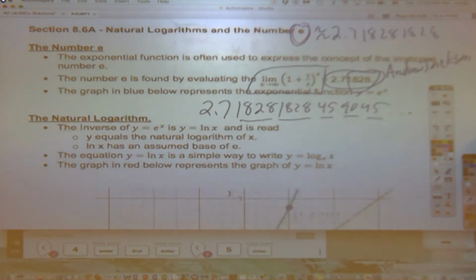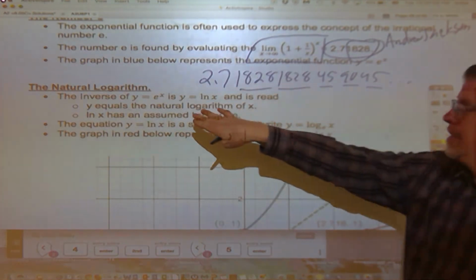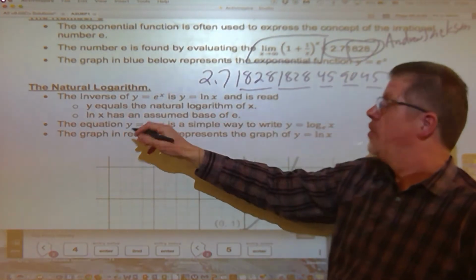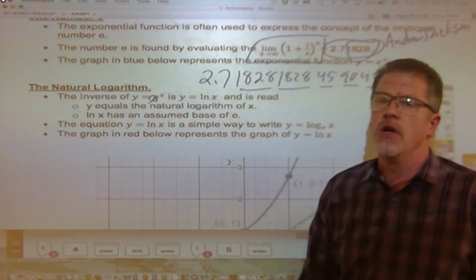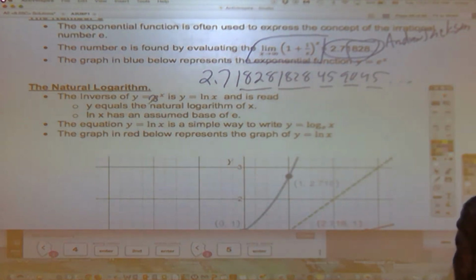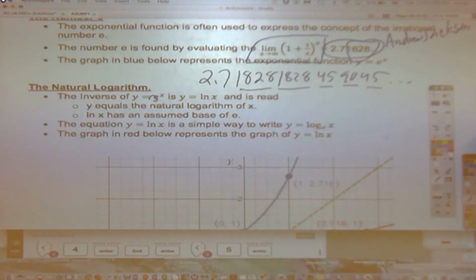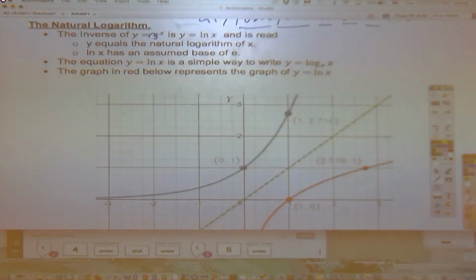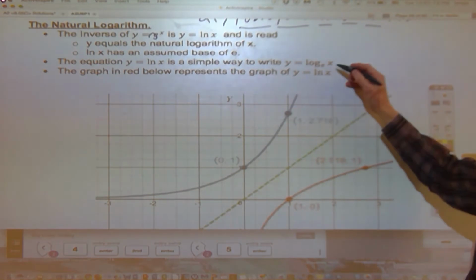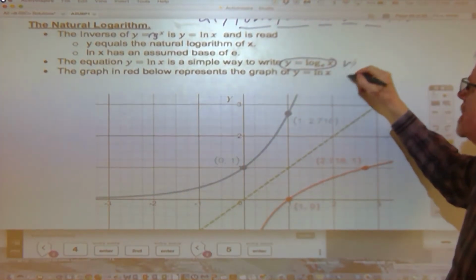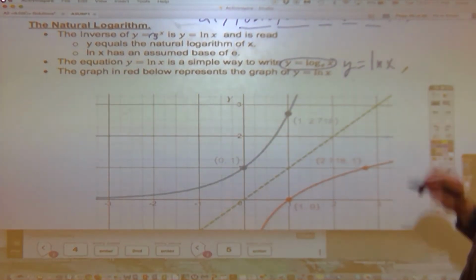So what we have here now is the natural logarithm, which is the inverse of e to the x. What if we let the base equal e, which again is approximately 2.7 Andrew Jackson. Here's what you do need to know for the test: log base e of x is expressed as shorthand ln x.